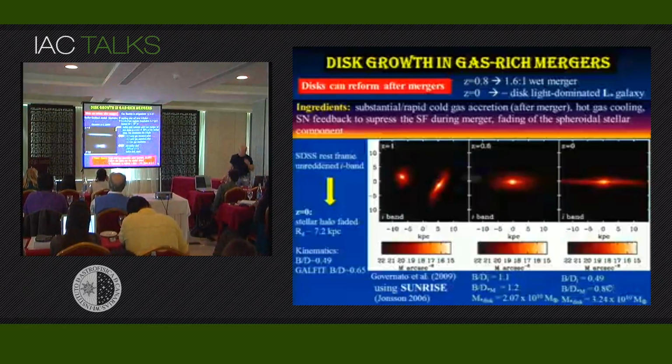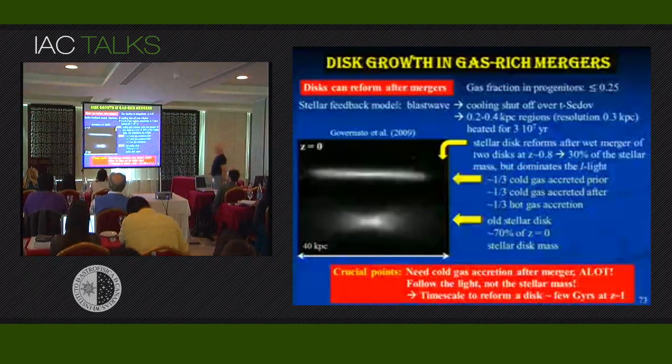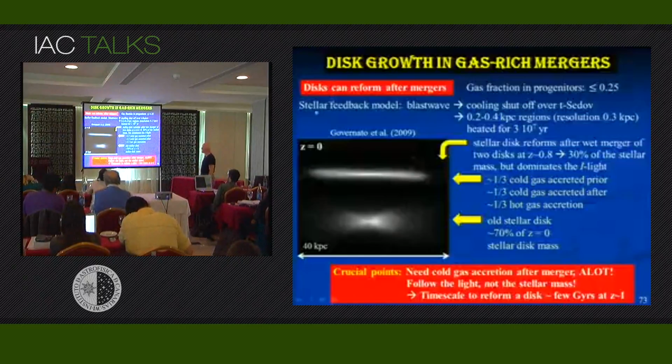And here is redshift 0 in the simulated I-band. And the bulge-to-disk ratio after the merger was 1:1, which is rather uncomfortable. But by redshift 0, it went down to below 0.5. Here is the final product of this simulation.